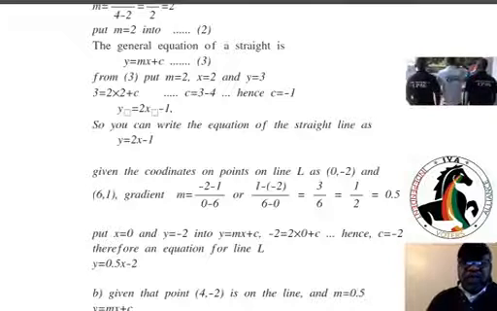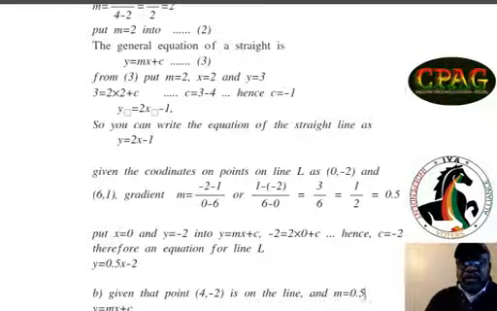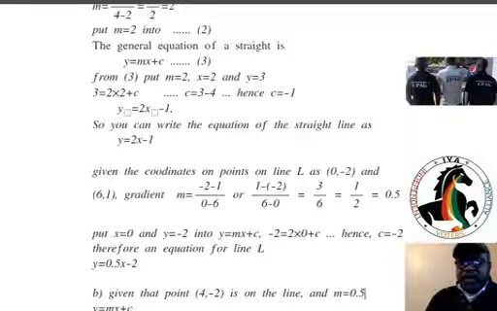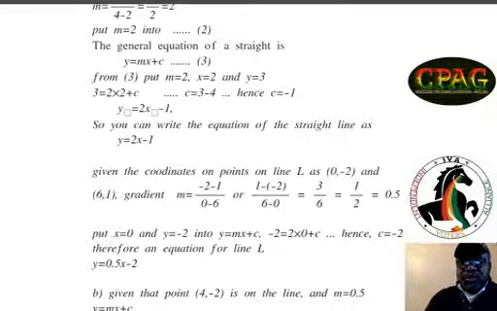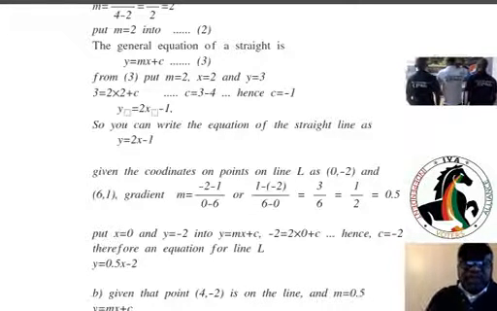Now you have y, you have x as a point on the line, and you have the gradient. So all you need to do is to make c the subject of this equation.